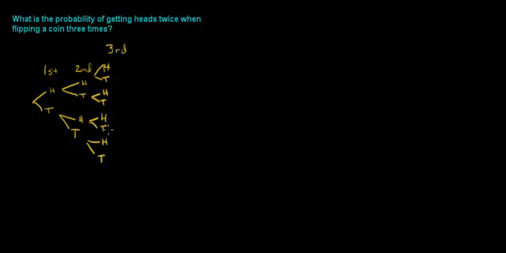Now, to bring it all together and make it so we can answer this question, what we want to do is trace through all of the possible scenarios of our 3 coin flips. So if I look at heads, heads, heads, that is one possible outcome.